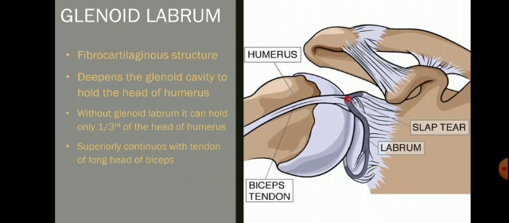Without the glenoid labrum, the glenoid cavity can enclose only one third of the head of the humerus. So the glenoid labrum makes the head of the humerus accommodated, and it is continuous with the tendon of the long head of biceps. This is what we have to know about the glenoid labrum.